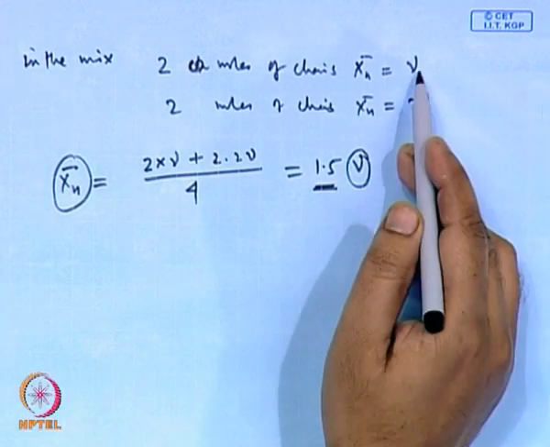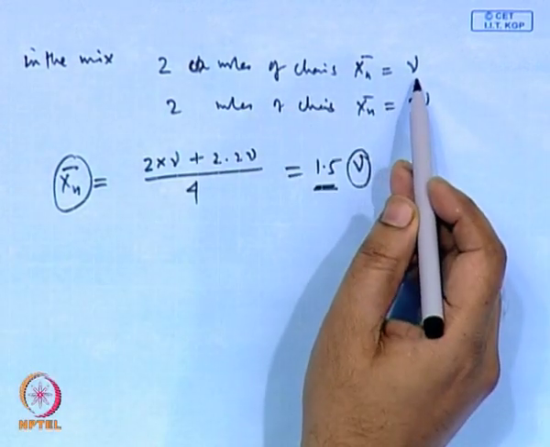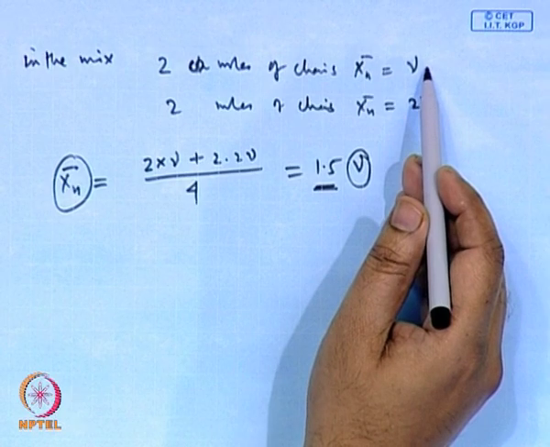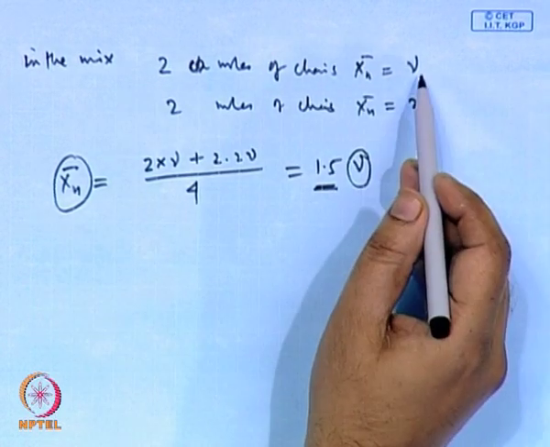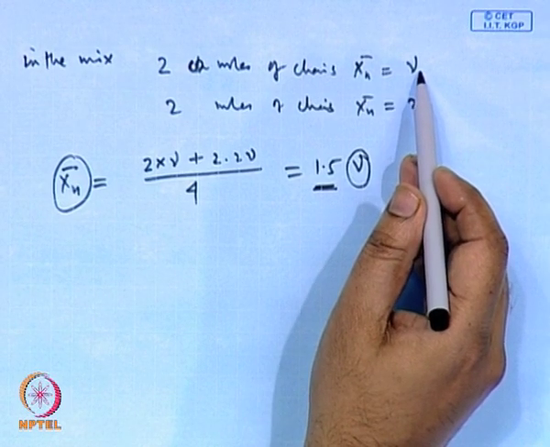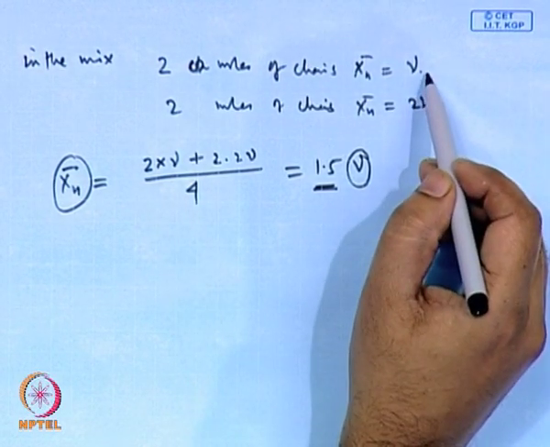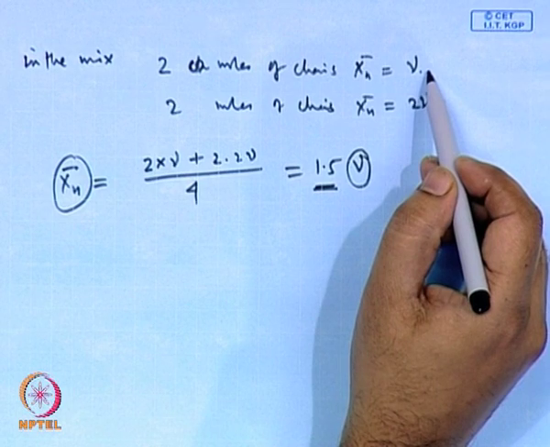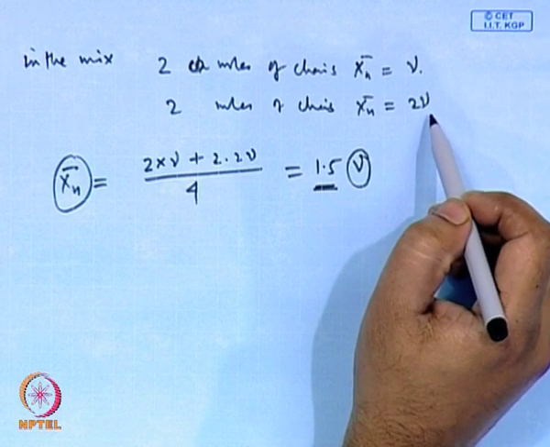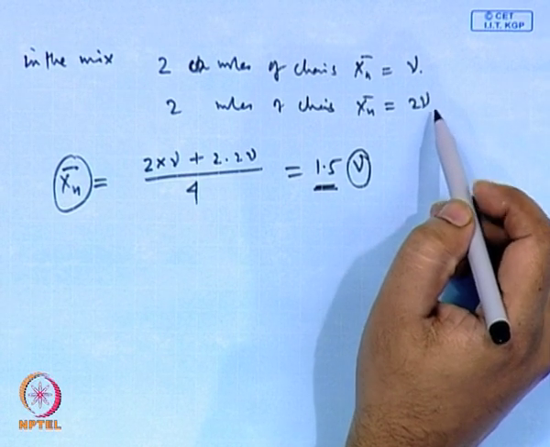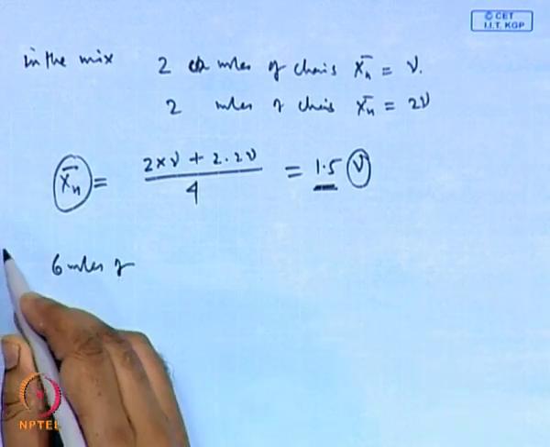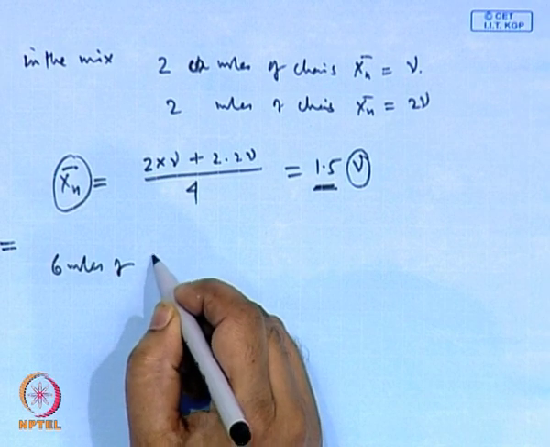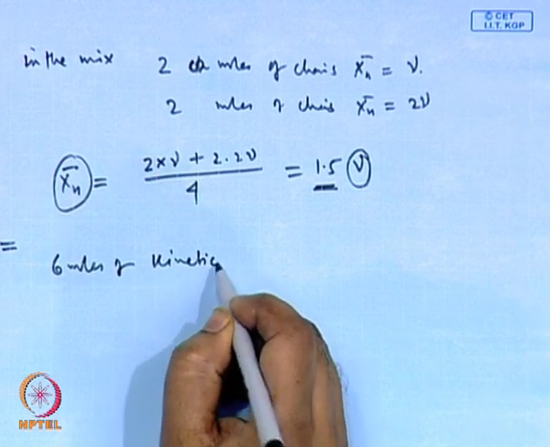So, in this case, for the 2 moles of chains that underwent disproportionation, each has 1 initiator residue, and the coupled polymers have 2 initiator residues. You have 6 moles of kinetic chains.